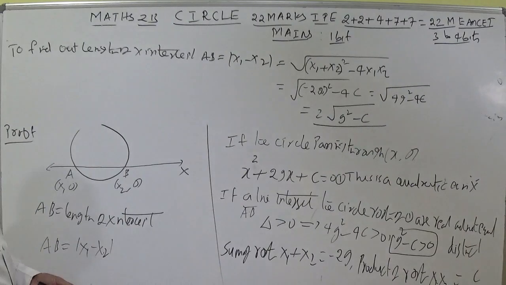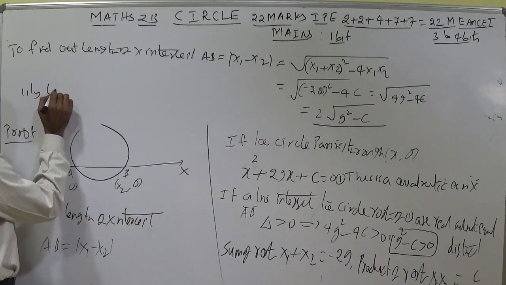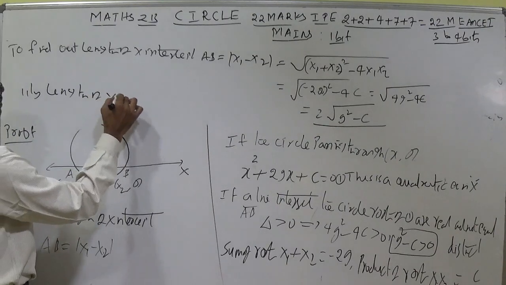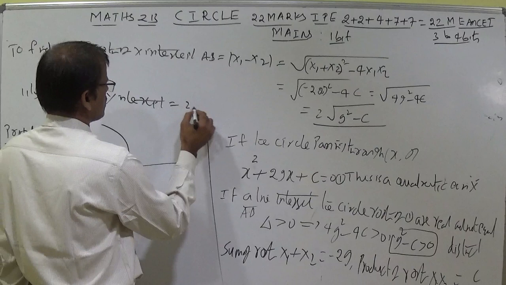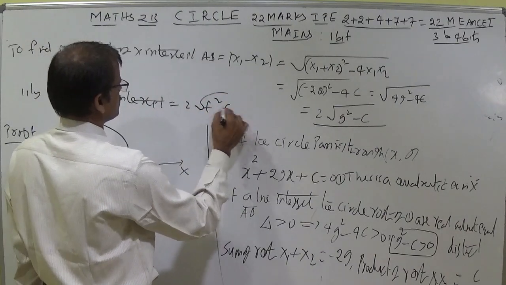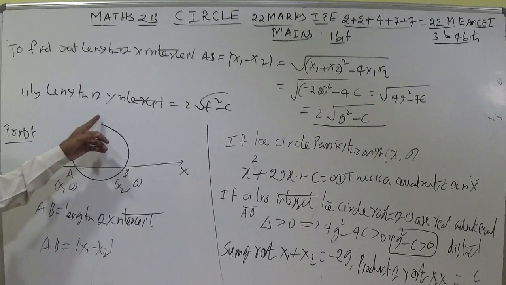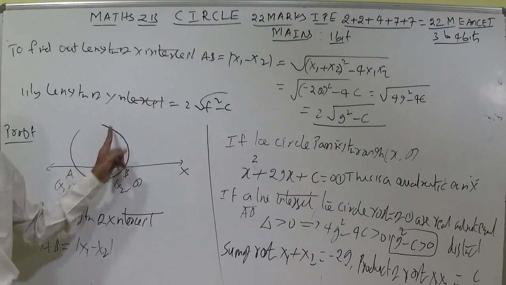Students, you do the homework. Similarly, the length of y-intercept is 2 root f square minus c. Using the same model AB, you put the points 0 comma y1 and 0 comma y2.